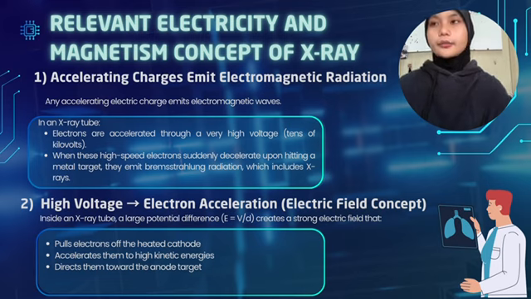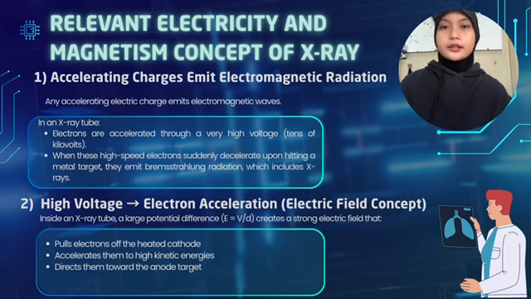concept that I will explain to you is that accelerating charges emit electromagnetic radiation. It is based on a fundamental result from classical electrodynamics: any accelerating electric charge emits electromagnetic waves.